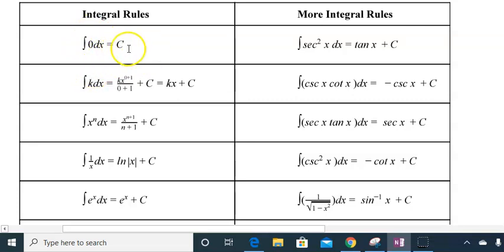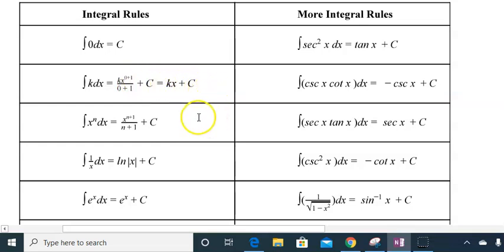Because if we had differentiated a constant, all constants become 0, right? So it's just like looking at it backwards. The integral of k dx is equal to k times x raised to 0 plus 1 over 0 plus 1, plus C, which is equal to kx plus C.